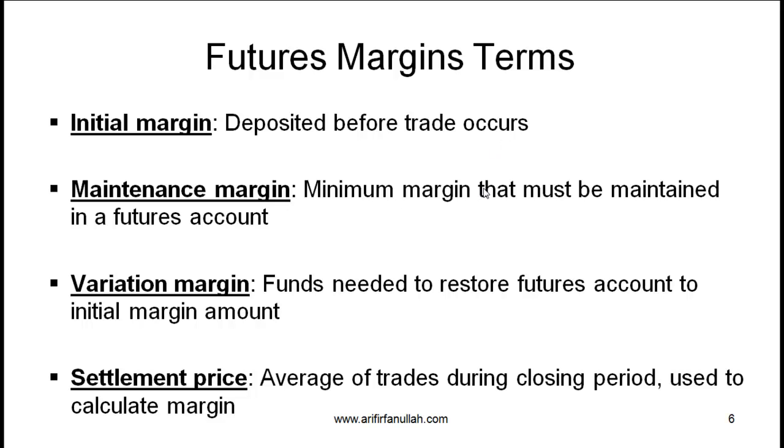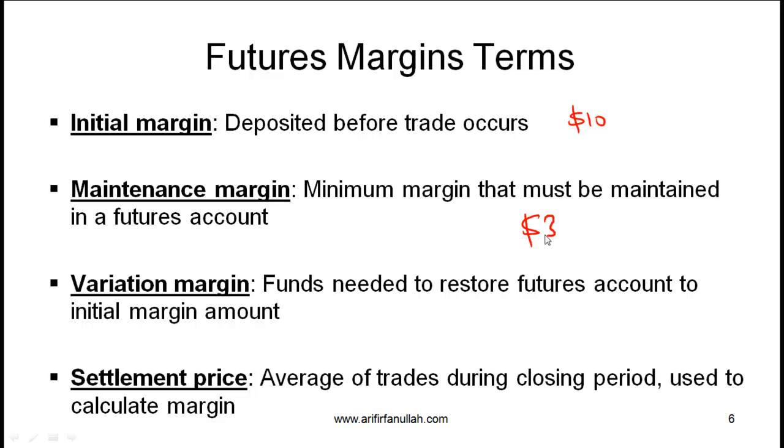Maintenance margin is the margin that must be maintained in a futures contract. Let's say that your initial margin on a given contract is $10, that means initially per contract you need to post $10.